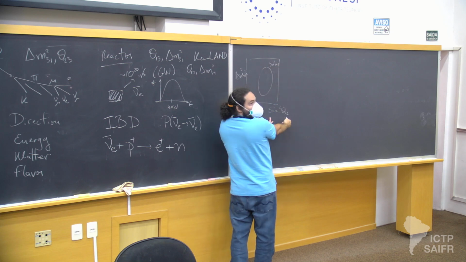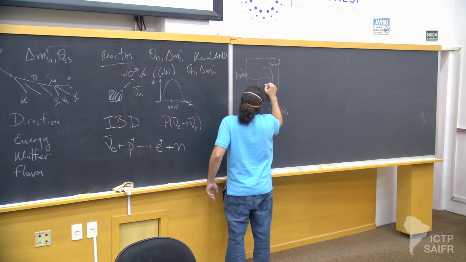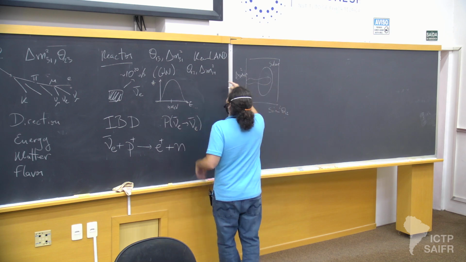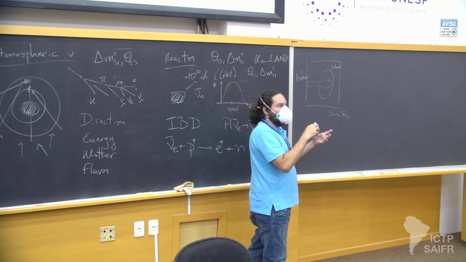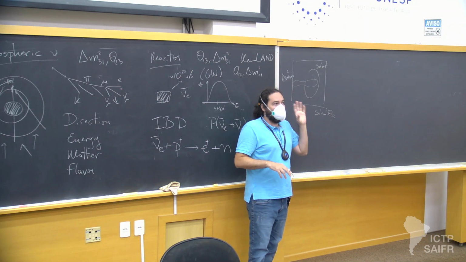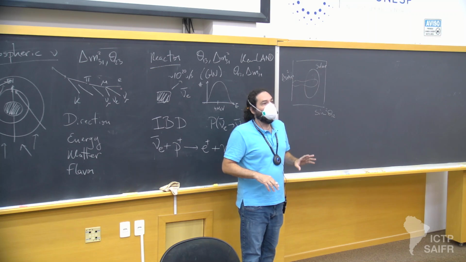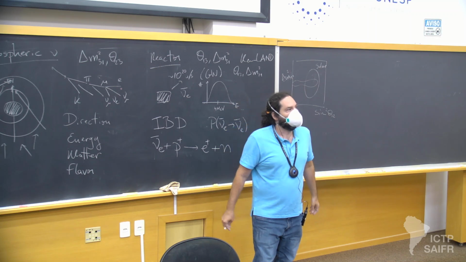So it's a good measurement of that. And KamLAND gives you a blob like that. So it's a good measurement of the mass splitting. So by combining the two things, you actually measure both, right? There's a lot of neutrino physics that you can't do with a single experiment. You need to combine several experiments to be able to extract the oscillation parameters.